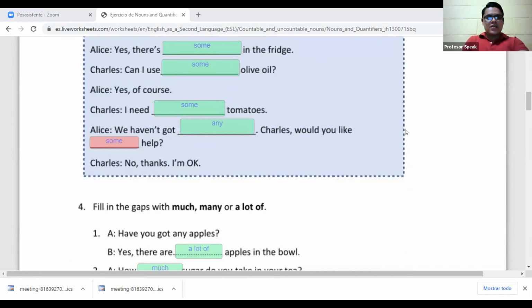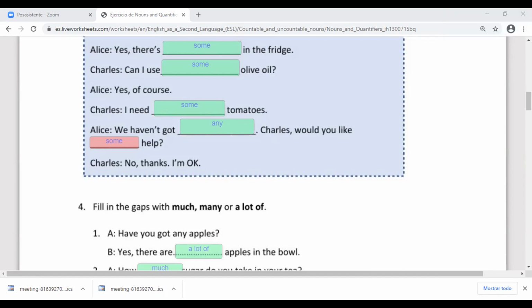Charles, would you like to answer? Did you get it correct, guys? Actually, you are offering, right? And when you offer, you use some in questions. So this answer is correct, but maybe the worksheet has a different one.